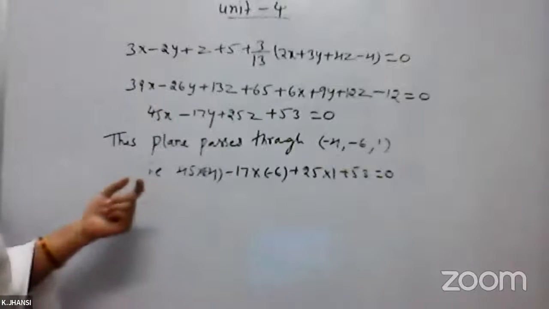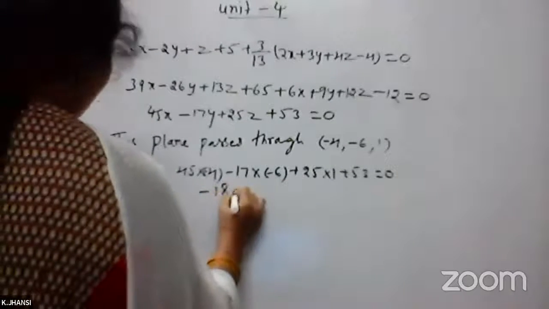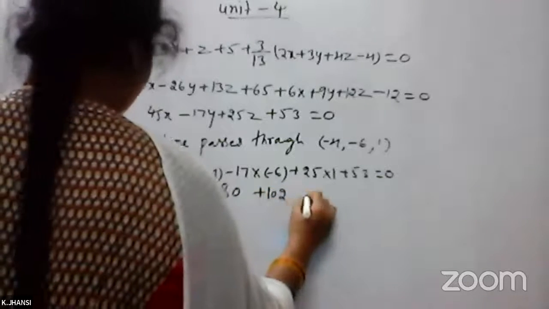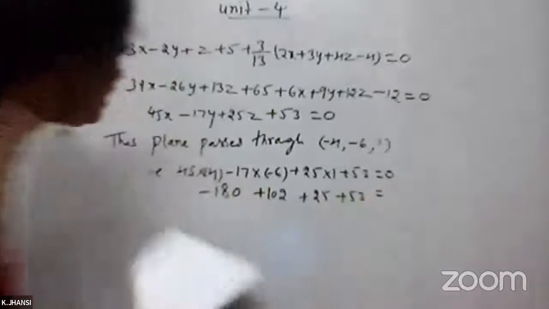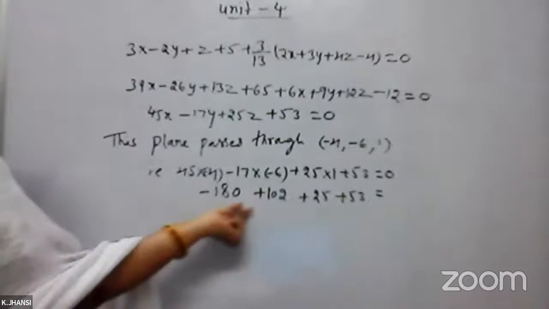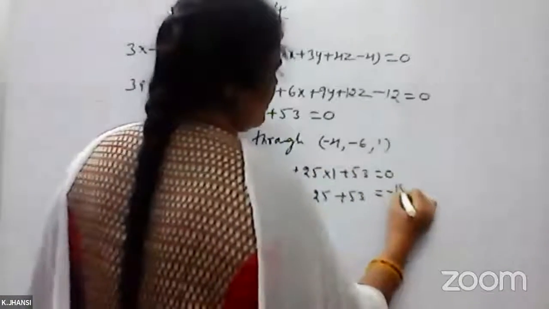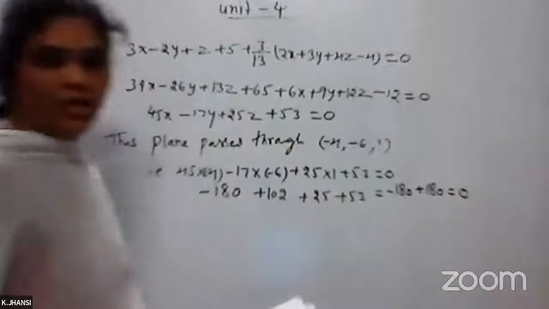So 45 into minus 4 is minus 180, plus 102, plus 25 plus 53. Okay. So this value is 180, and if you add this, you will get plus 180. So minus 180 plus 180, it is equal to 0. Okay.